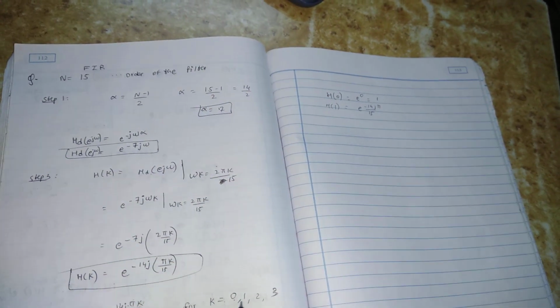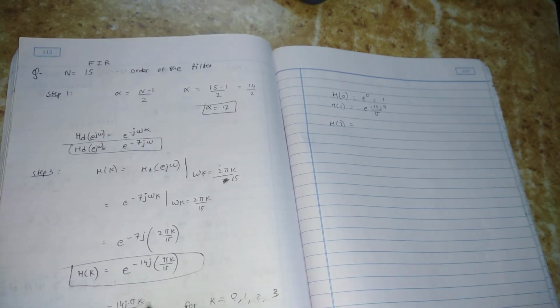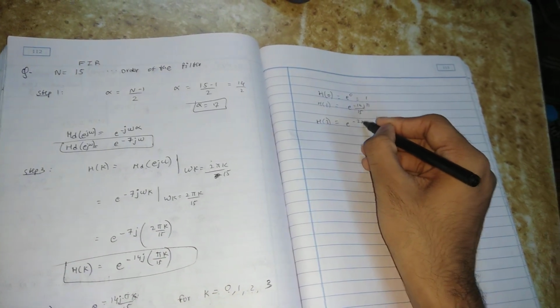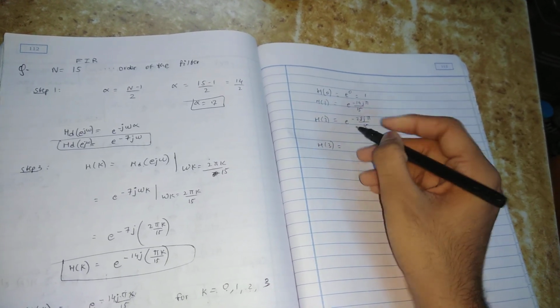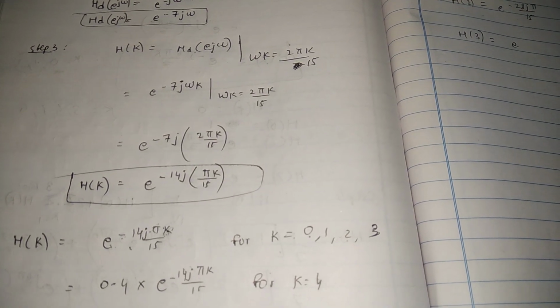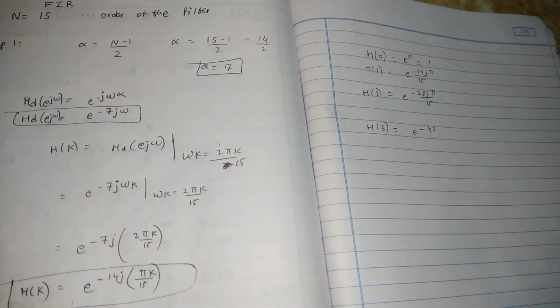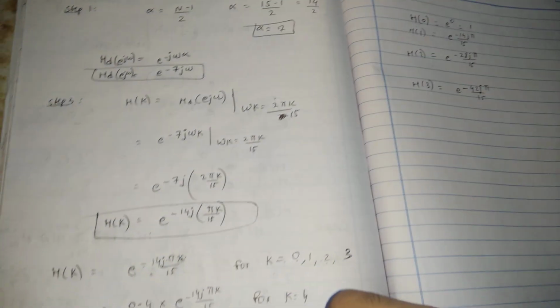After that I will substitute 2: H of 2 is equal to, in the place of k I will write 2, so 14 times 2 is 28, e raised to minus 28j pi by 15. Now H of 3, it will be 42, so e raised to minus 42j pi by 15.